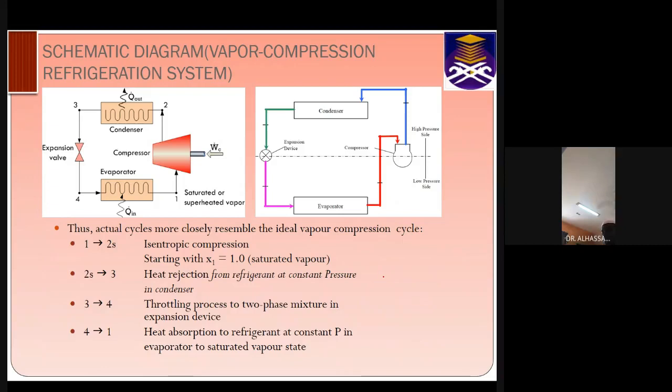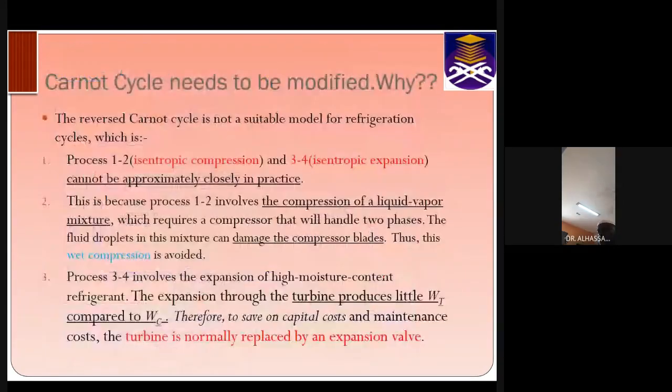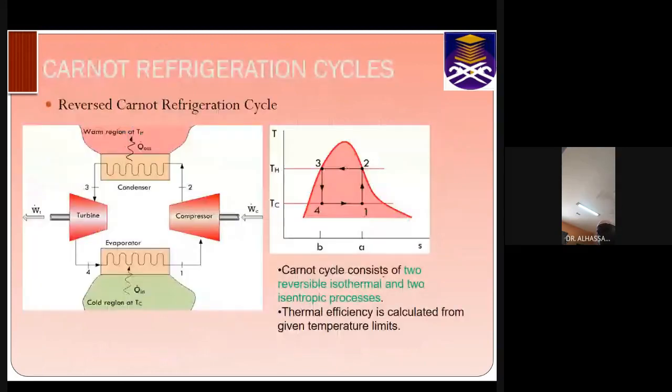We mentioned that the reverse Carnot refrigeration cycle has many weaknesses. It cannot be implemented theoretically or practically because the fluid entering the compressor at state 1, if you refer to the TS diagram, is a saturated liquid vapor mixture.